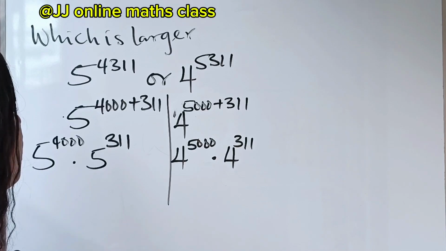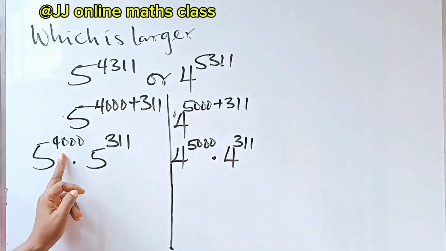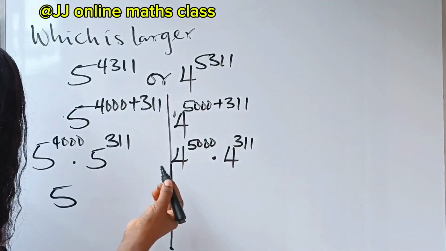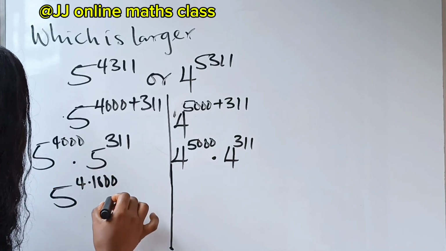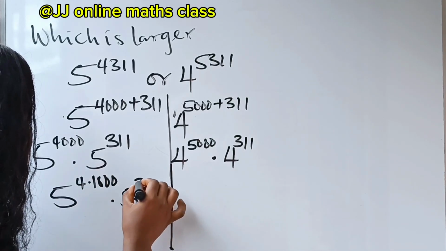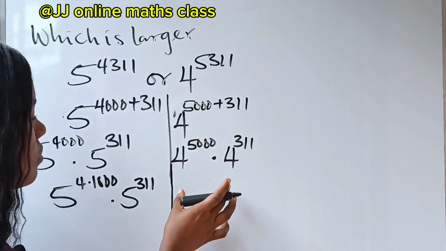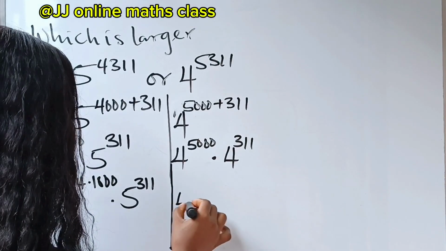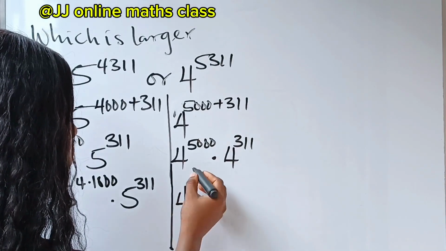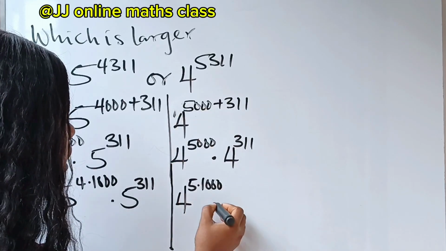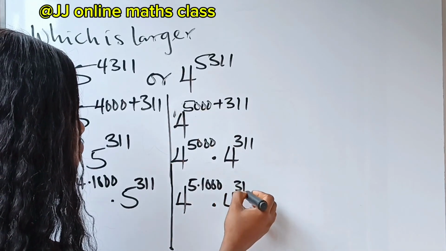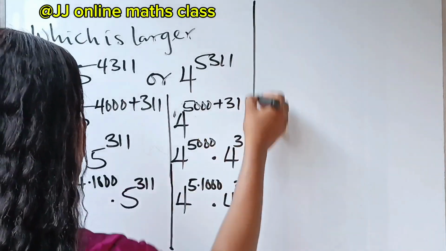All right, this can be further simplified as 5 to the power of 4 multiplied by 1,000, then multiplied by 5 to the power of 311. Similarly, here can be expressed as 4 to the power of 5 multiplied by 1,000, multiplied by 4 to the power of 311.